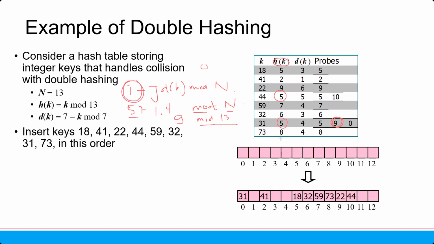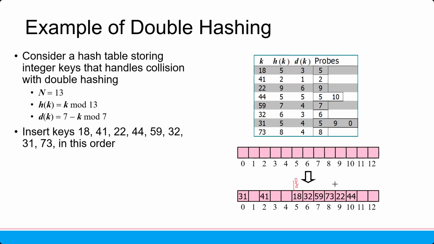Now let's check 9. Previously, we have 18 here, 41 here, 22 here, 44 at position 10, 59 at position 9, and 32 at position 6.